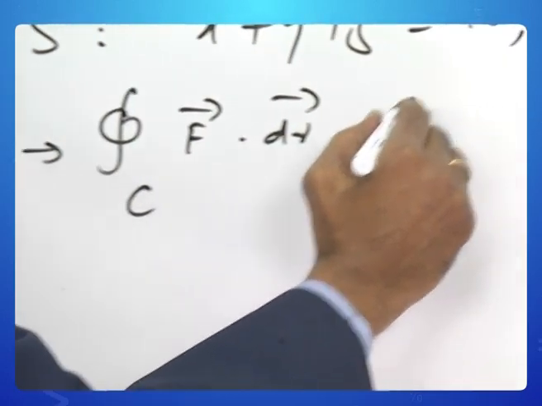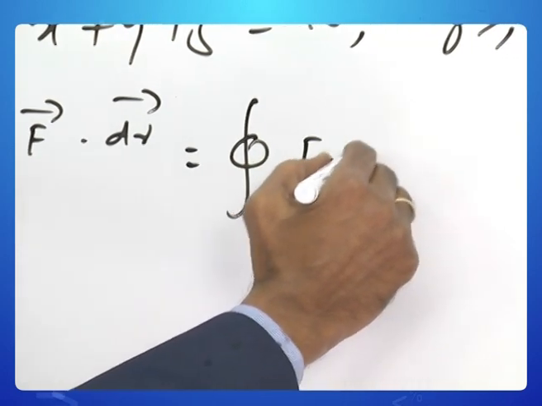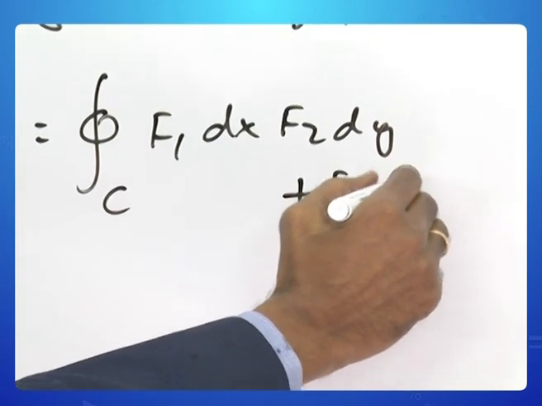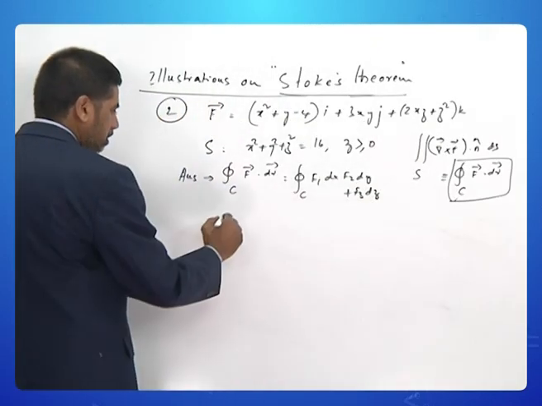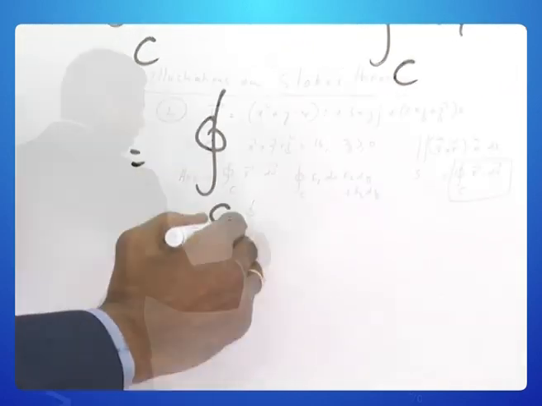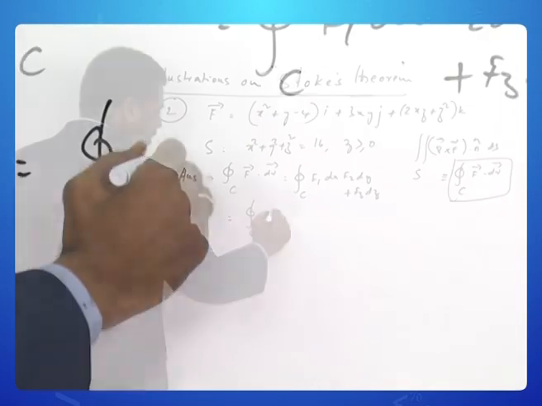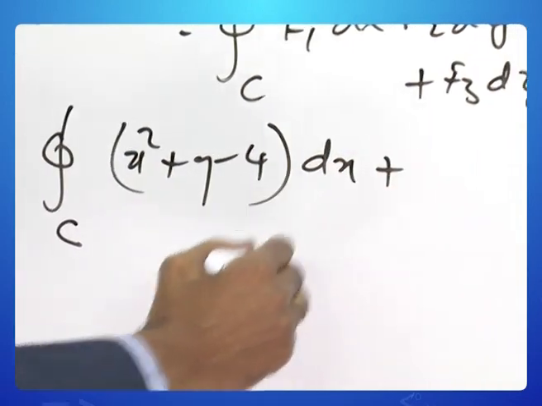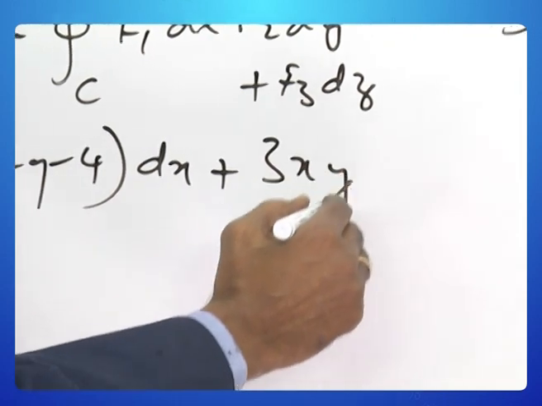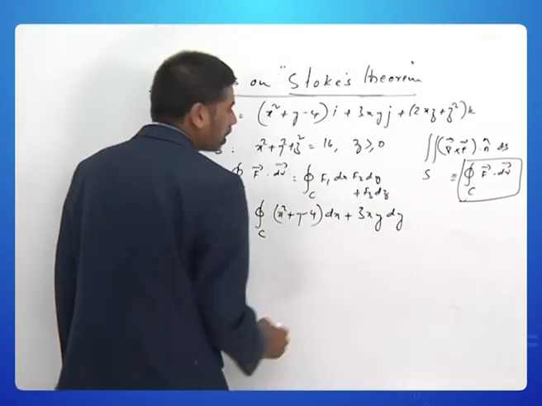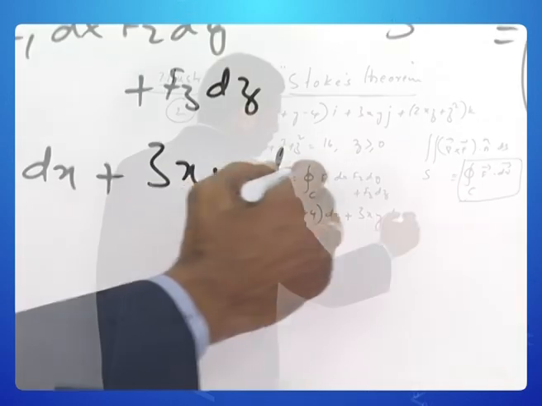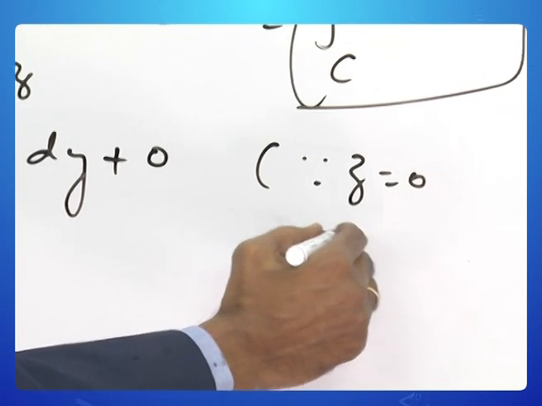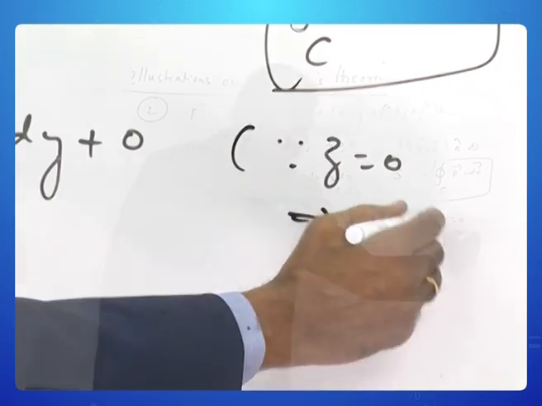This is nothing but closed line integral f1 dx plus f2 dy plus f3 dz. This is nothing but closed line integral, f1 is x squared plus y minus 4 dx plus 3xy dy, and the third component will be 0 because z is equal to 0 implies dz is equal to 0.